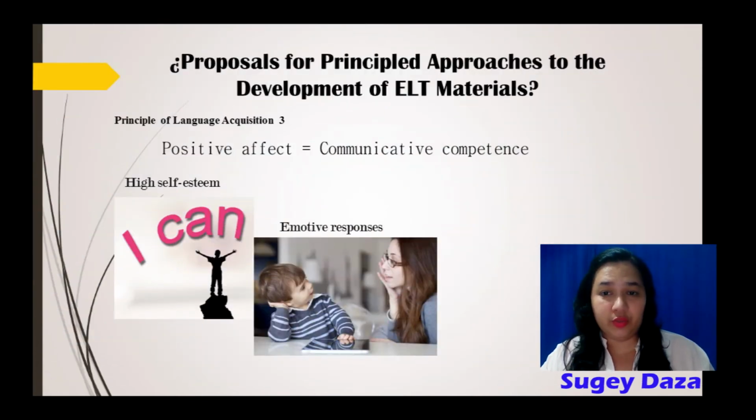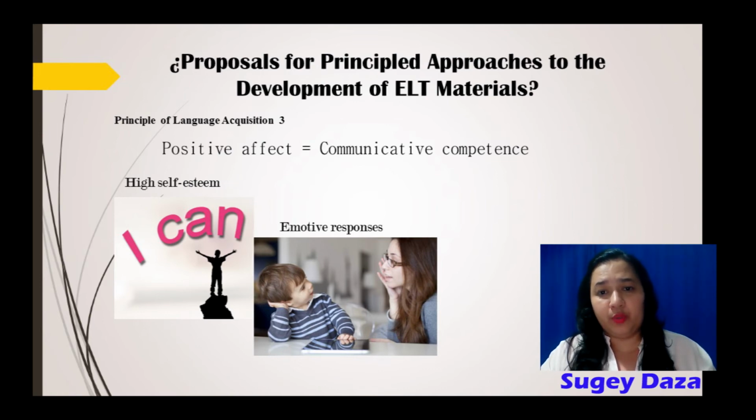It is necessary to remember that apprentices who achieve a positive affective filter are more willing to acquire communicative competence. Therefore, texts and tasks must be interesting, relevant, and pleasant, generating an experience that exerts a positive influence on the attitudes of students towards the language and their learning process.